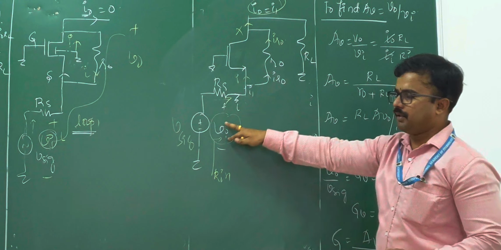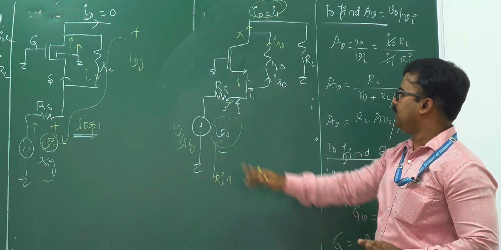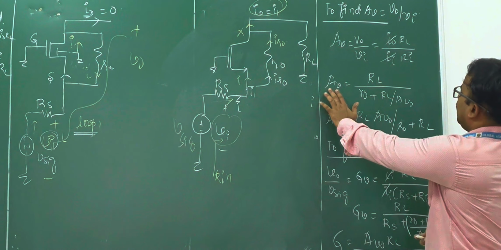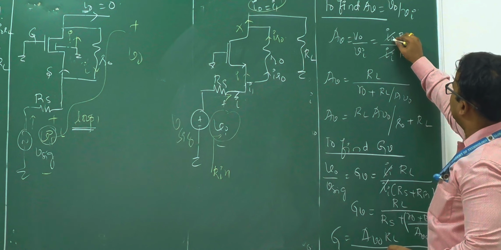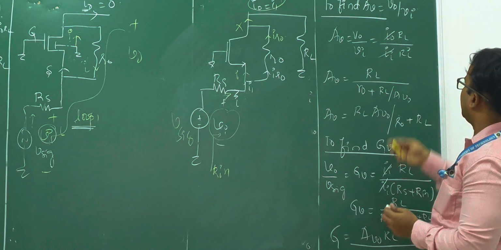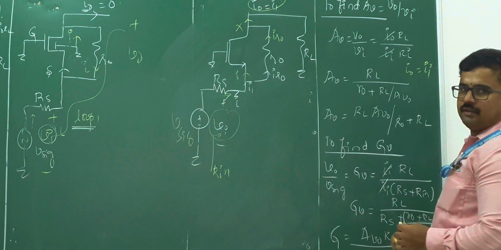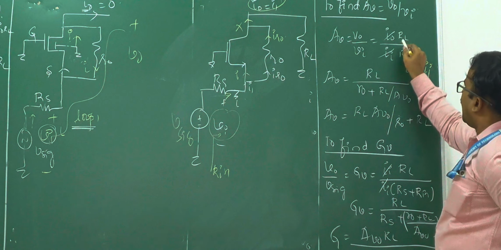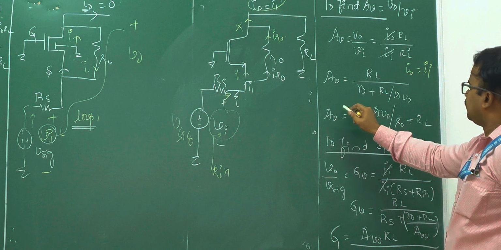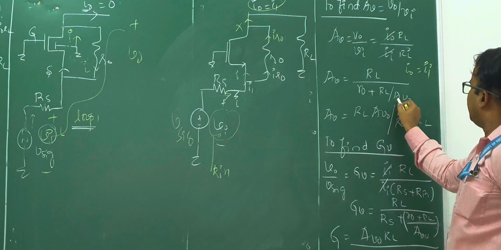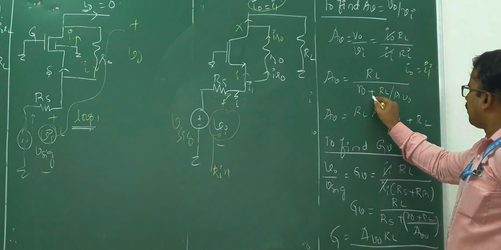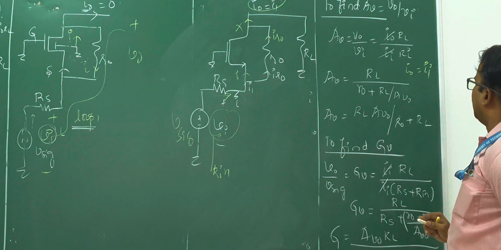AV is nothing but V0 by Vi, where V0 is nothing but I0 into RL. I0 into RL divided by Vi is nothing but Ii into RL divided by Rin, where Rin is the input impedance. Now AV, when I simplify this, I0 and Ii get cancelled because I0 is equal to Ii. Now RL divided by what is Rin? Just now we found Rin is R0 plus RL divided by AV0.